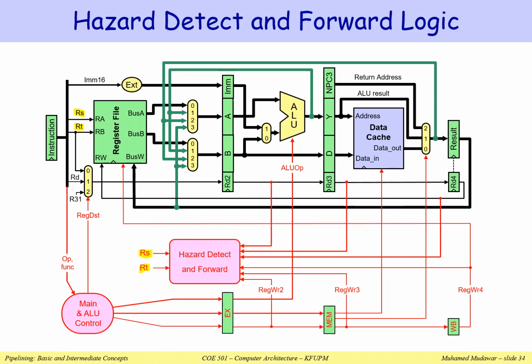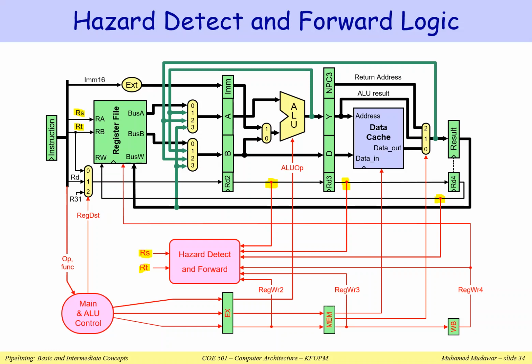These are the destination registers of the instructions that exist in the later stages. RD2 is the destination register of the instruction in the ALU stage. RD3 is the destination of the instruction in the memory stage. And RD4 is the destination register of the instruction in the write back stage.